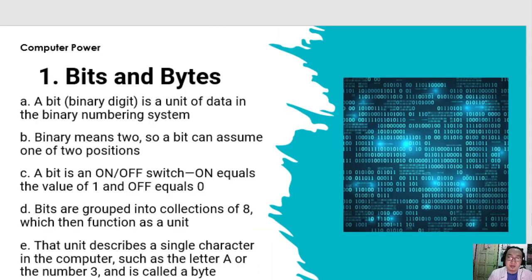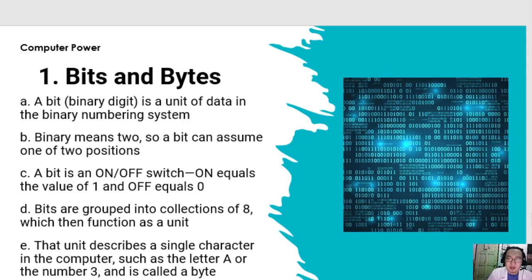So when you say computer power, of course, we will not forget bits and bytes. A bit is a unit of data in the binary numbering system, especially for those who are familiar with computer science and engineering. Binary means two.